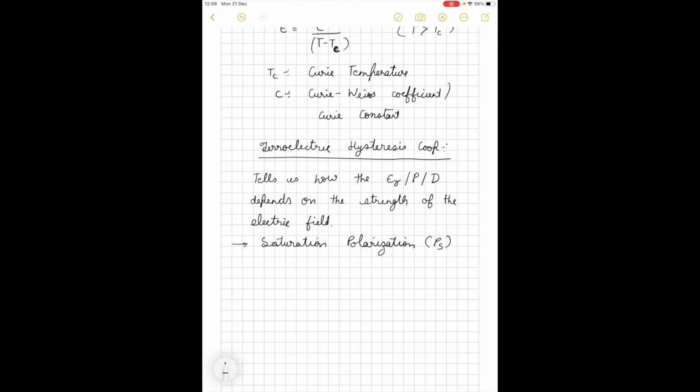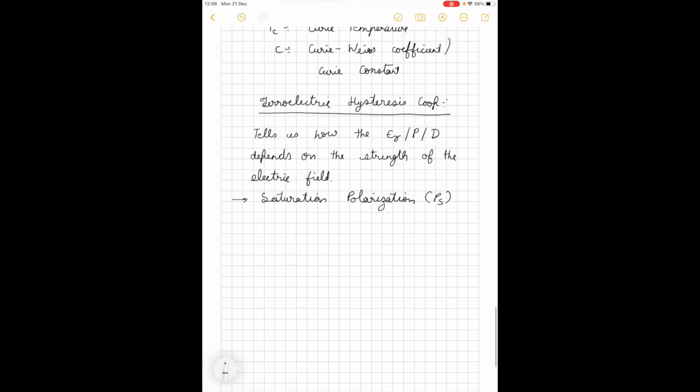So this is what is called the saturation polarization, meaning when we apply a relatively high electric field, the material becomes single domain.